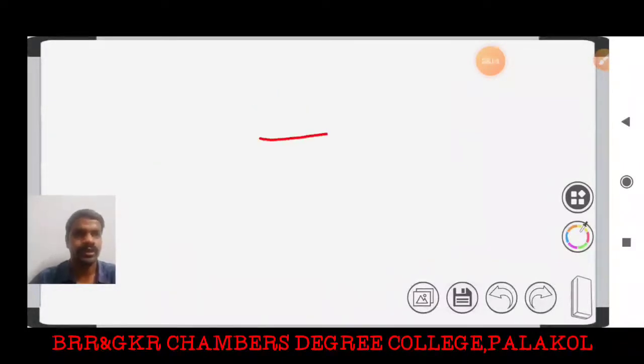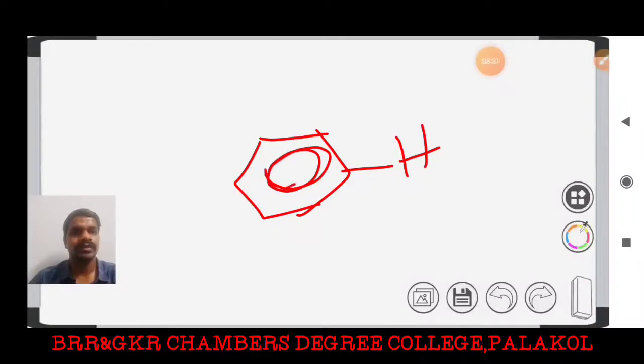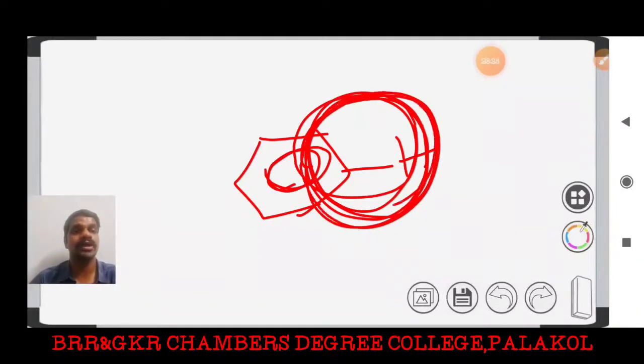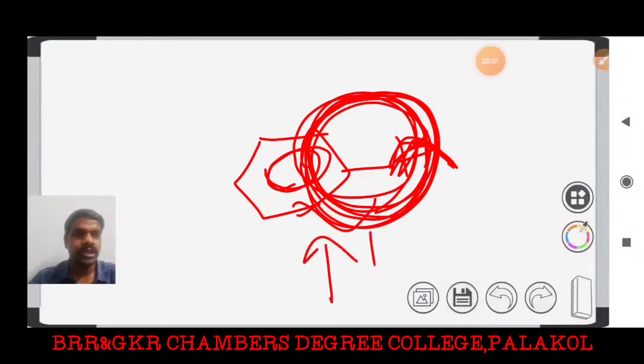Let me represent it very clearly. Here it is the hydrogen. This is the circulation of electrons. So it is the created secondary magnetic field, in this direction. And this is the applied magnetic field.